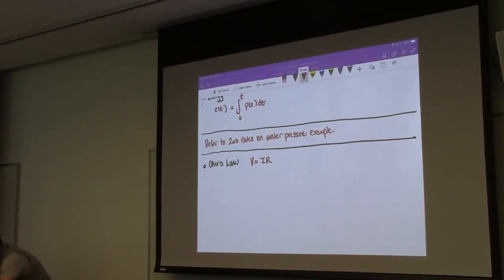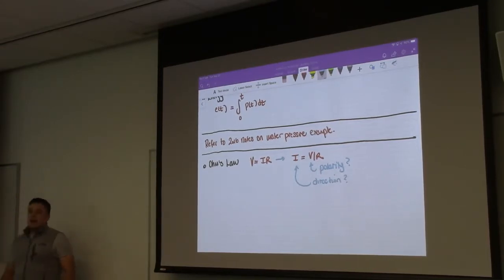And it can also be flipped around to say the opposite, which is current equals voltage divided by resistance. Now, in this case, we have to be cognizant of what the polarity of this is, and that's going to have an effect on what the direction of this is.